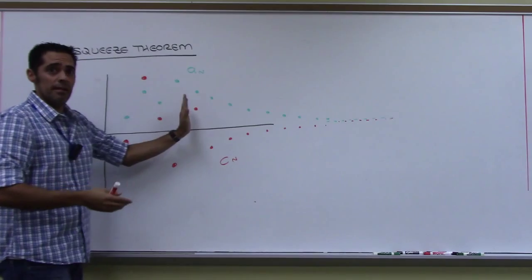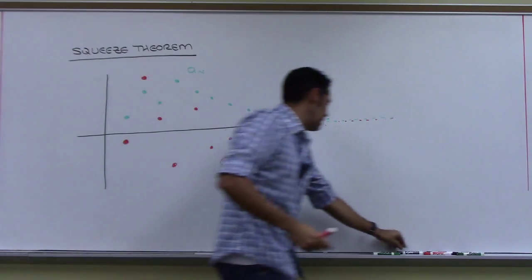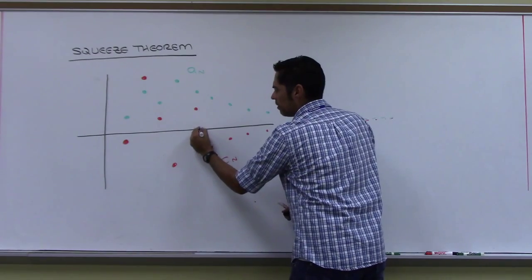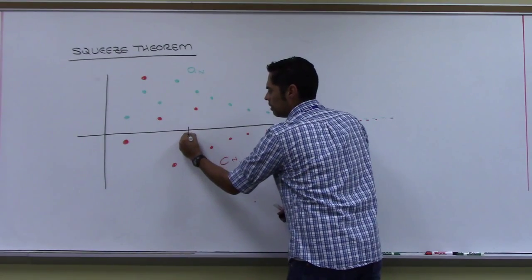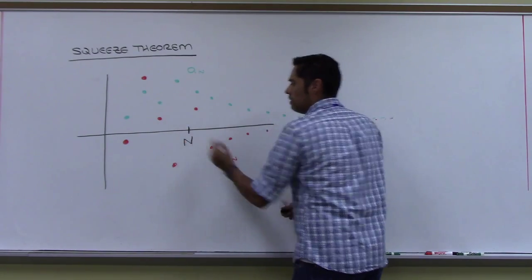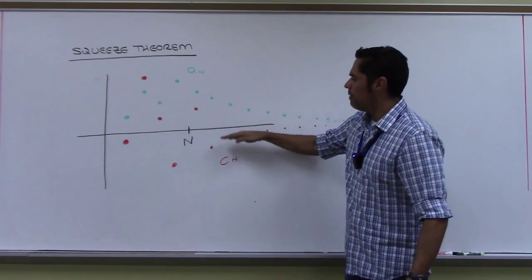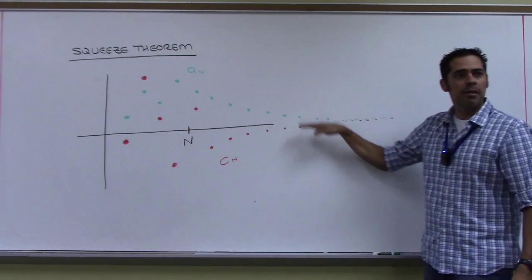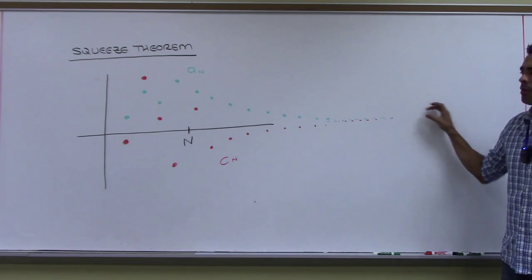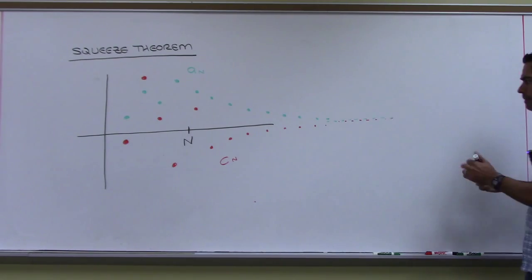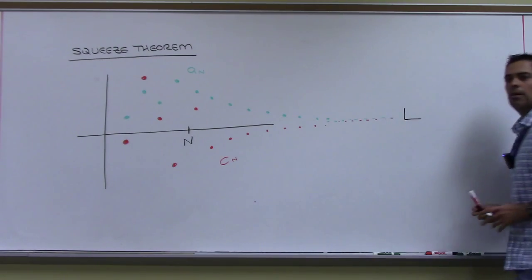But eventually, it looks like that right about at some place in here, at some capital N, it's always going to be the green above the red, right? The green above the red. And they're both going to the same place. Let's call this flat line L, all right?